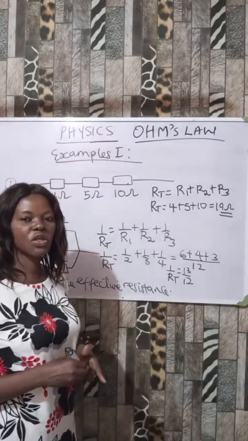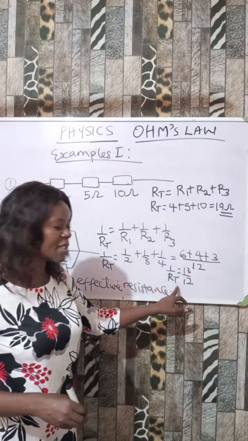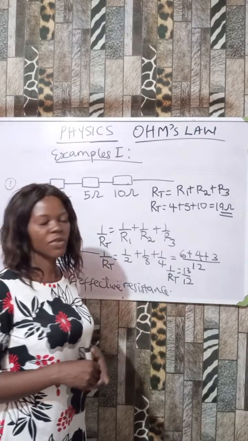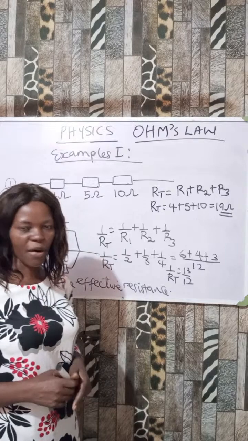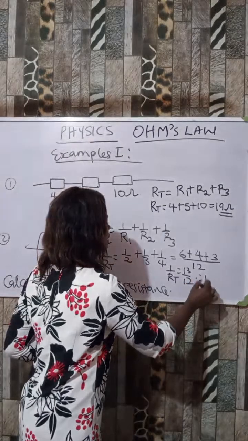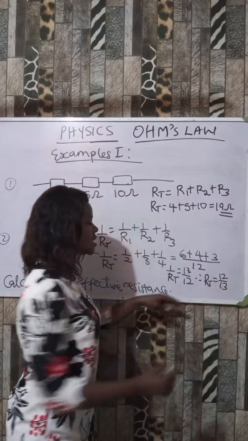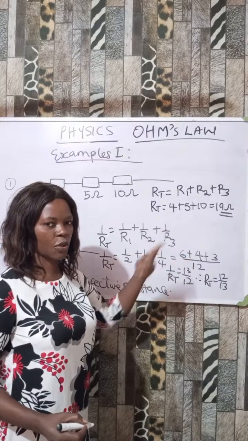But the question says you're looking for effective or total resistance and not the inverse of the total resistance. So if you have a question like this, what do we do? This is not your final answer because what you're looking for is R total. So we say cross multiply. R total is equal to 12 over 13. You just have to carry the denominator up and take the numerator down.